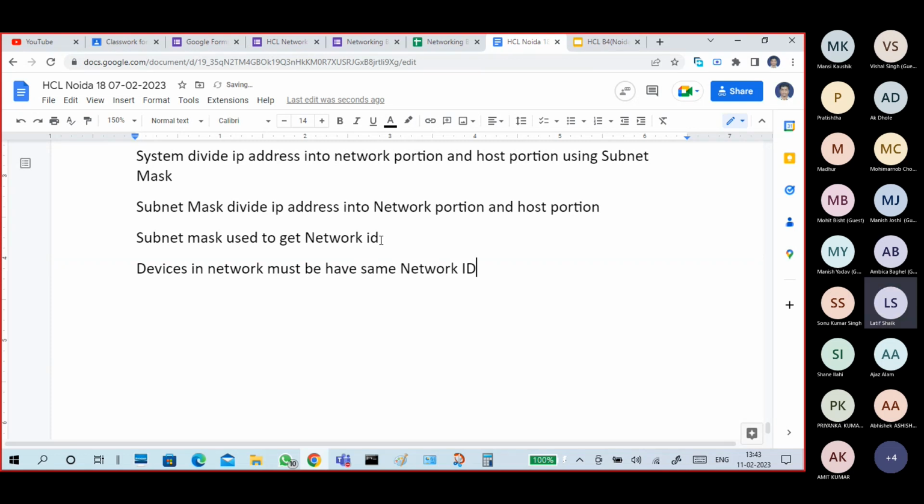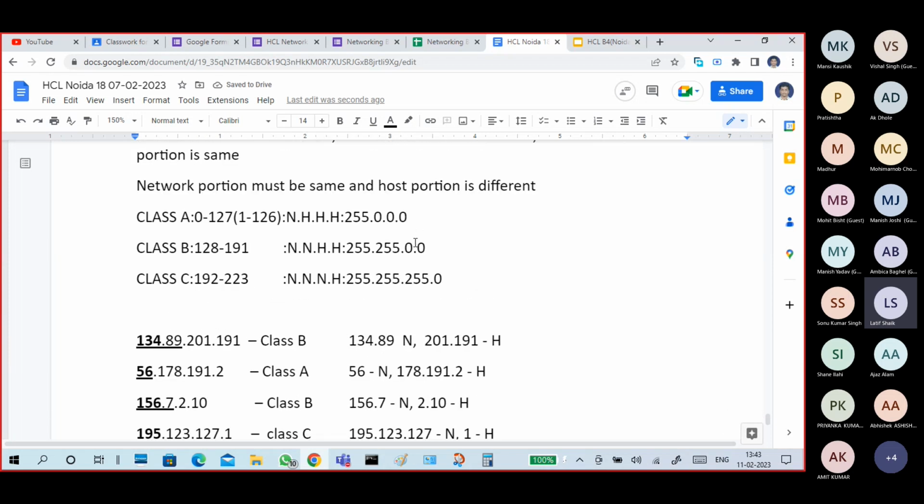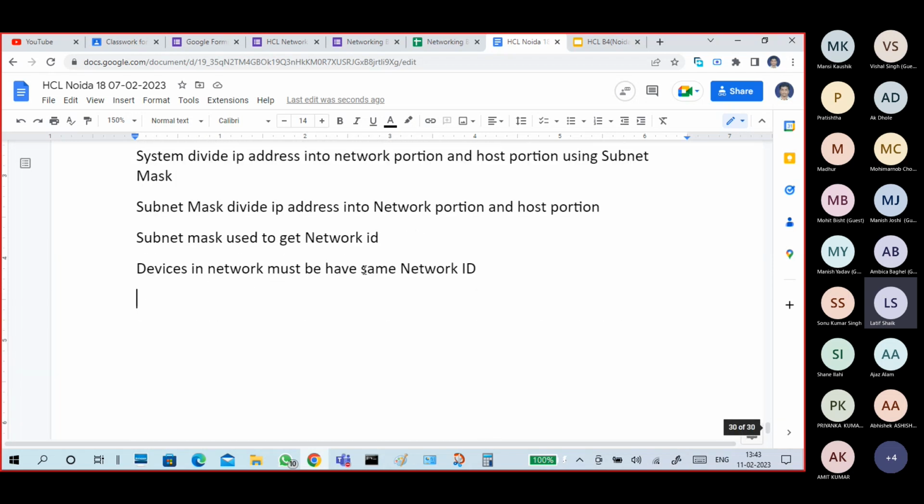Like I said earlier, they must be in the same network, which means their network portion must be the same. It is the same point, but I tell it in a network ID manner. So devices in the network must have the same network ID. How does the system know the same network ID? By subnet mask.